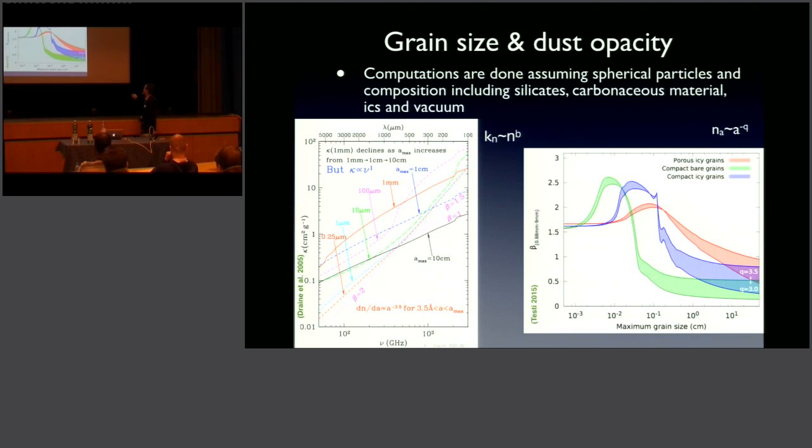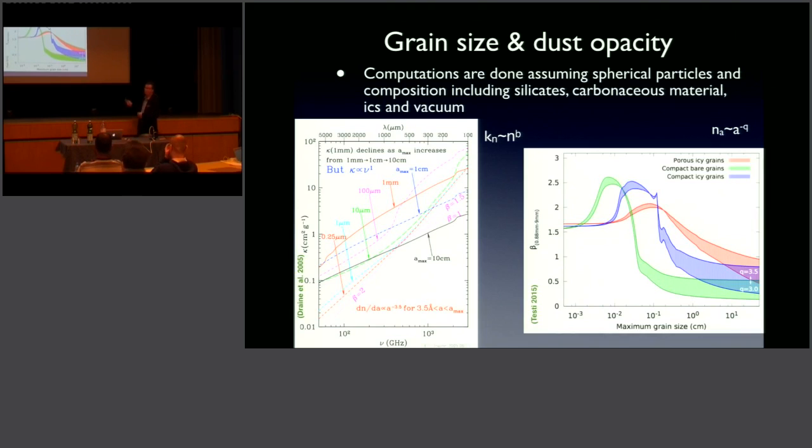If you include ices on your grains, the net effect, apart from adding some features, is that you have a larger grain, but that corresponds to the opacity of a slightly smaller bare silicate grain. So basically you are shifting this beta curve in this direction, okay?